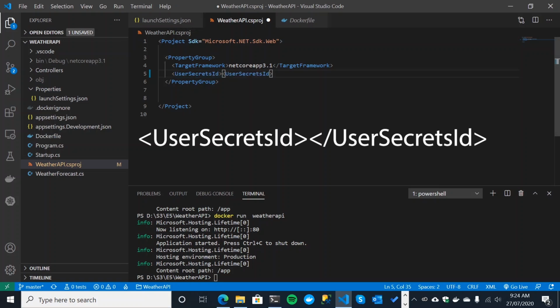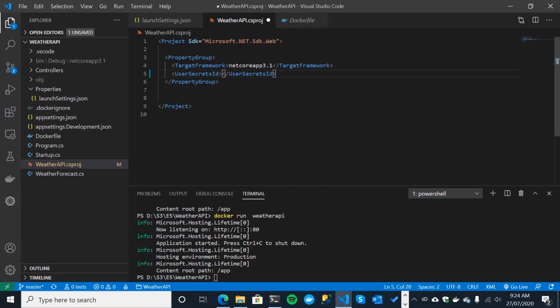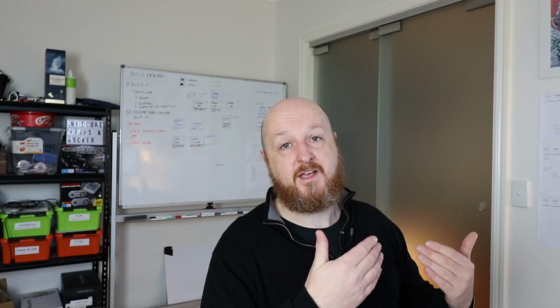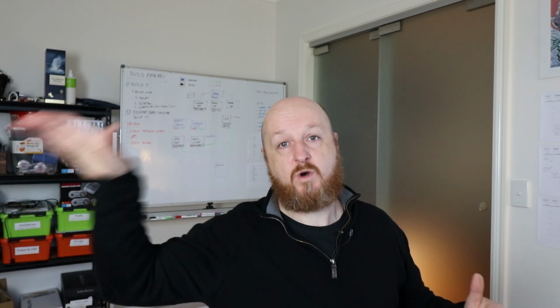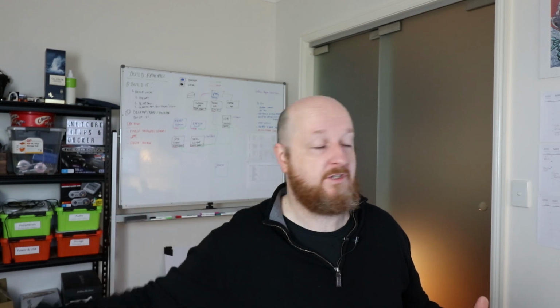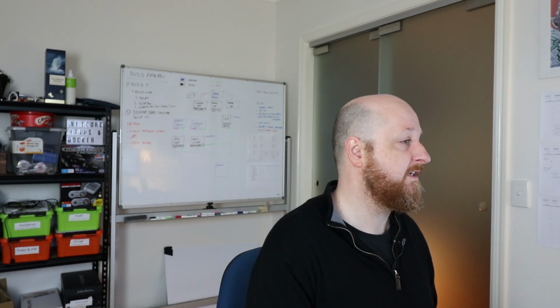We have a pair of tags, and do not forget to terminate, otherwise you'll get an error. So user secrets, pluralized, capital U, capital S, capital I. All you need to do between these two tags is provide a unique ID, which is used when a secrets JSON file is eventually created. You get one for each project, so we just need a unique ID to put it in a unique folder. You'll see how that looks in a second.